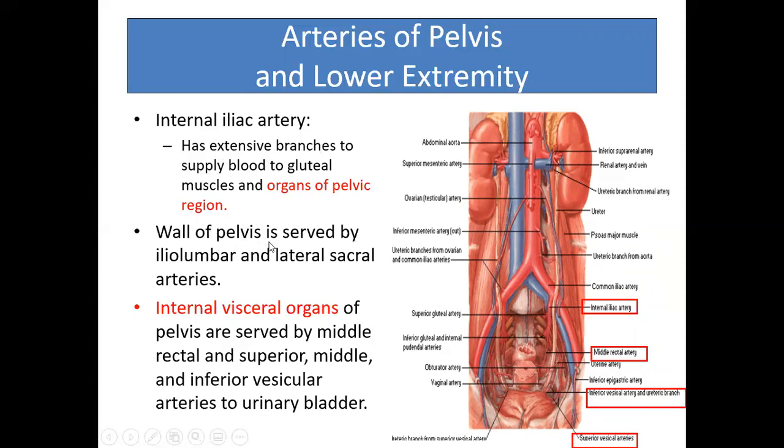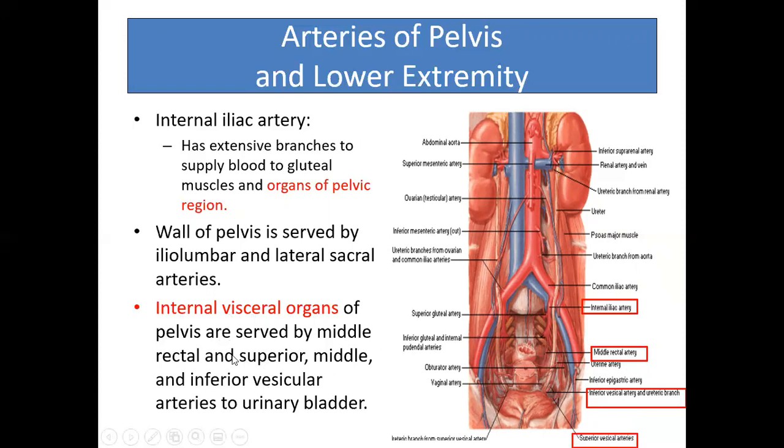The wall of the pelvis is served by the iliolumbar artery and lateral sacral artery. The internal visceral organs of the pelvis are served by the middle rectal artery. If you see here, this is the middle rectal artery that arises from the internal iliac artery.